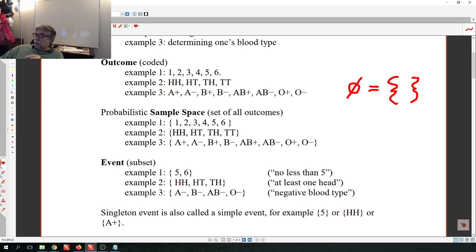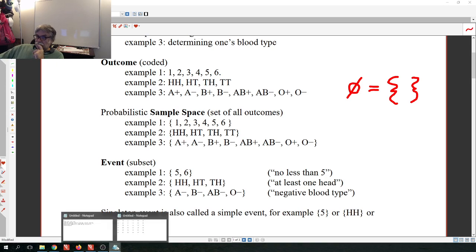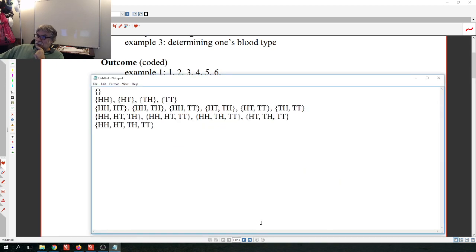So in the story about flipping a fair coin twice, I have actually 16 of them. Here they are. The first event is nothing at all.